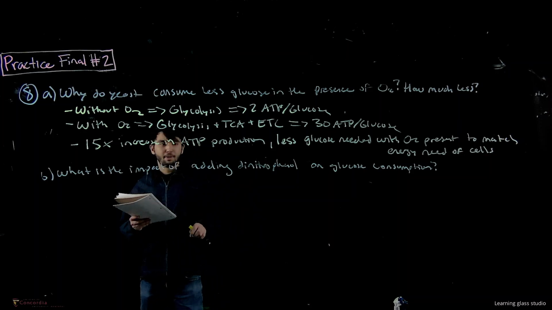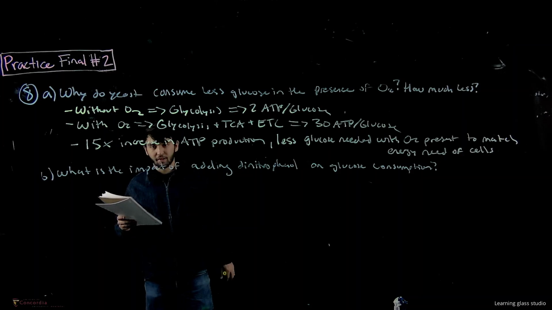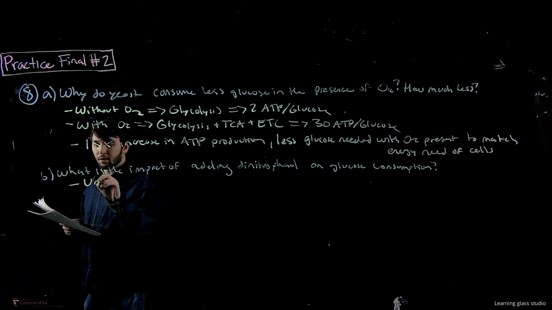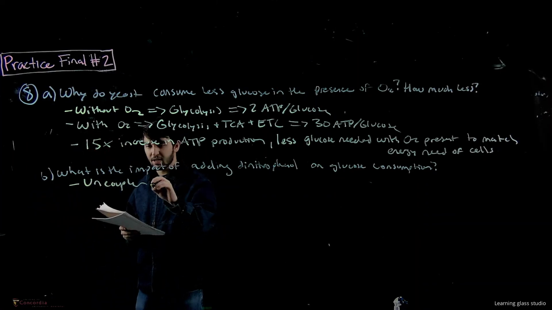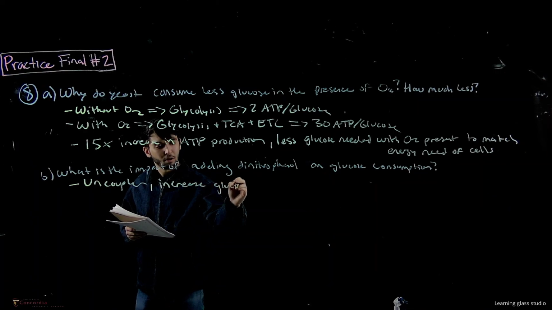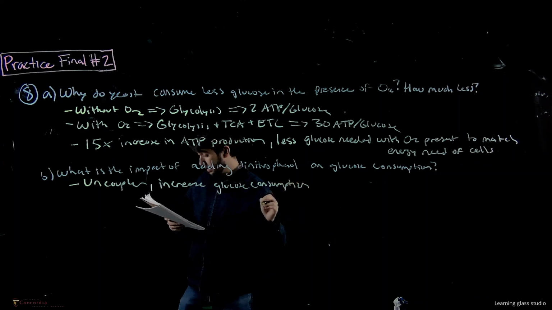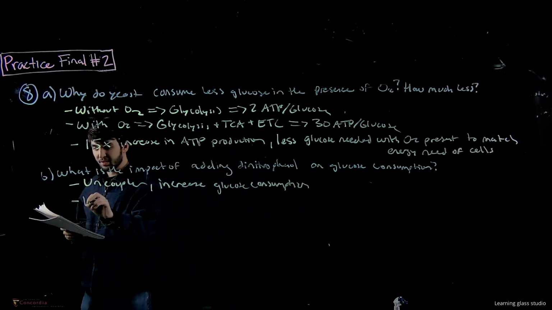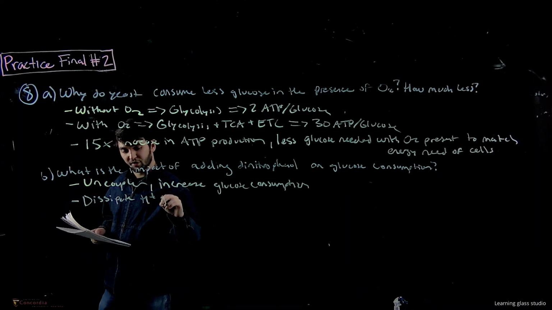So what would be the impact of adding dinitrophenol on glucose consumption? Remember, this is an uncoupler, and this would increase glucose consumption. Why? We know that this will dissipate the H+ gradient, as we've seen a couple times.